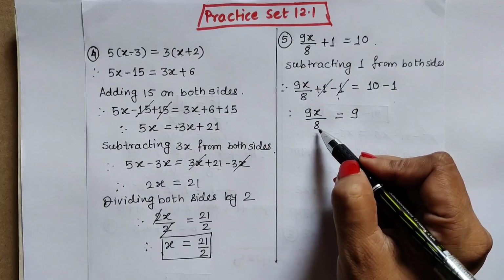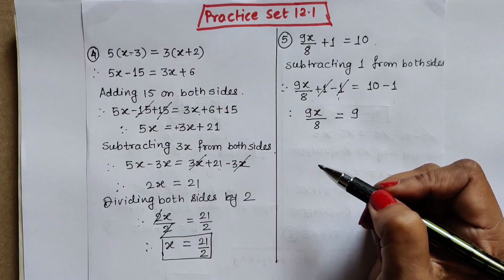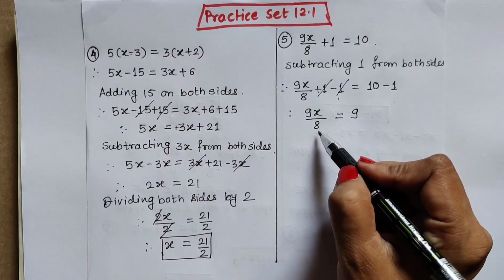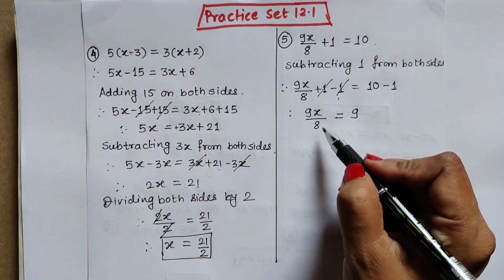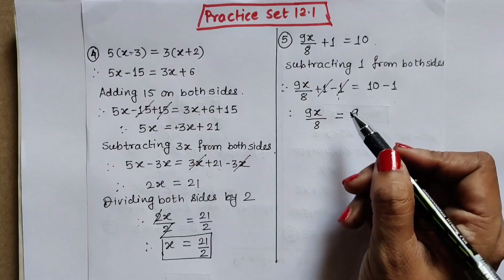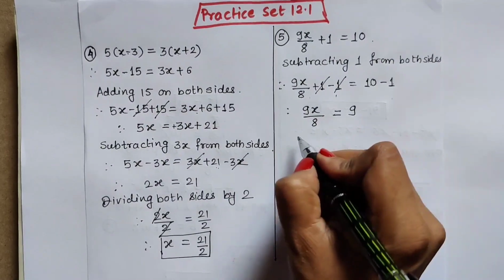Now again 8 is there, or 9x upon 8 is there in the left hand side. So when 8 is there, denominator, that means divided by 8. So when we have to transfer it, we have to do multiplying by. As I have told you, exactly opposite operations we have to do.